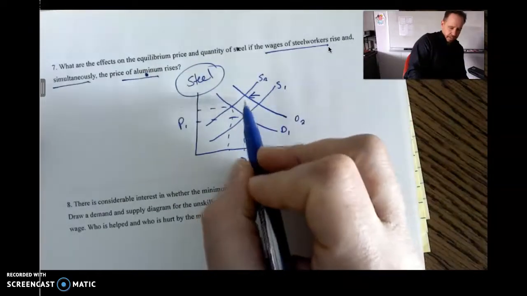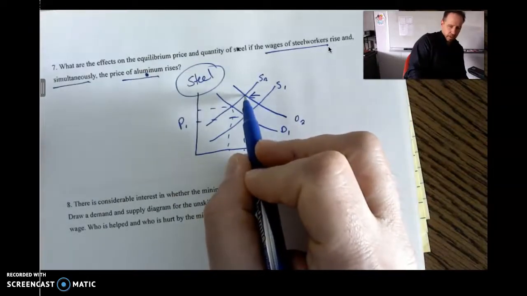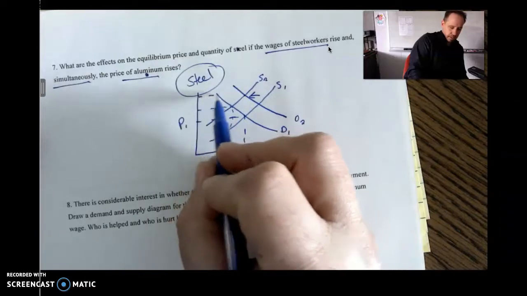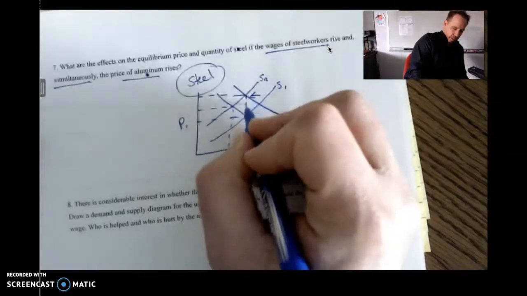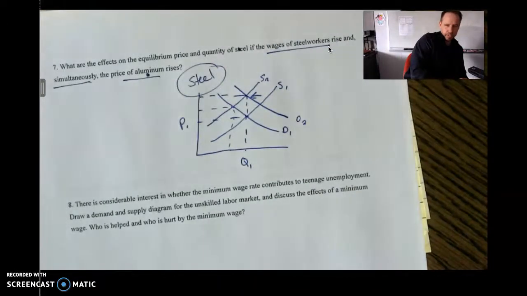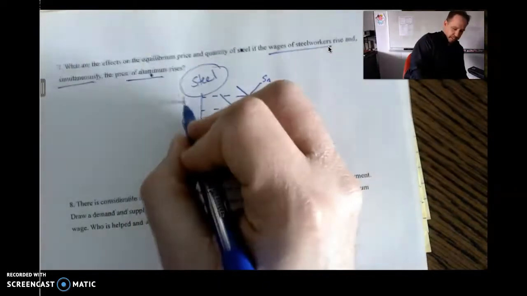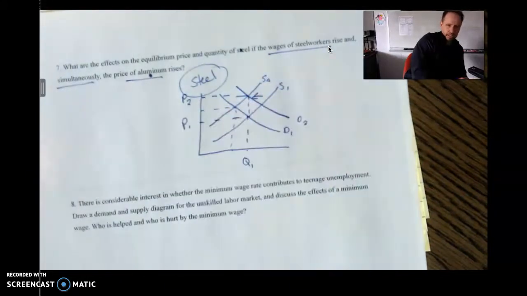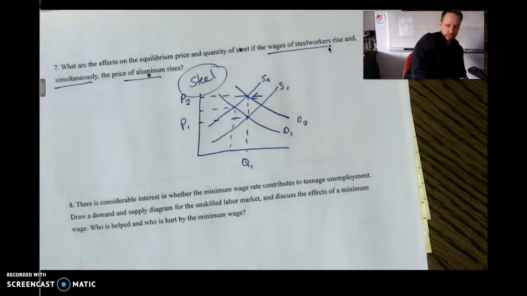So now we have this new equilibrium, and although our quantity, we call that undetermined, it's going to be relatively close because one offsets the other. But what we can definitely see is that if these two things happen, price of aluminum rises at the same time wages of steelworkers rise, we're going to see a definite increase in the price of steel.